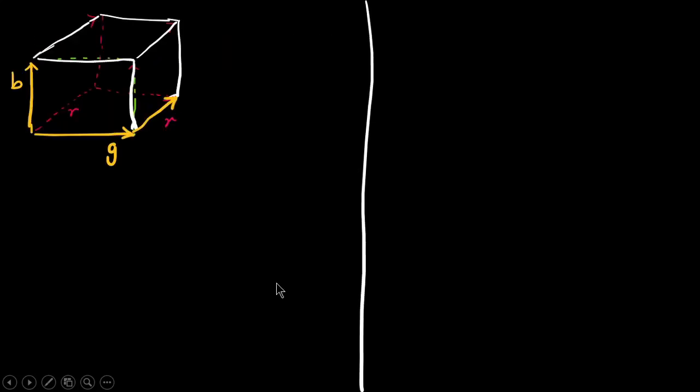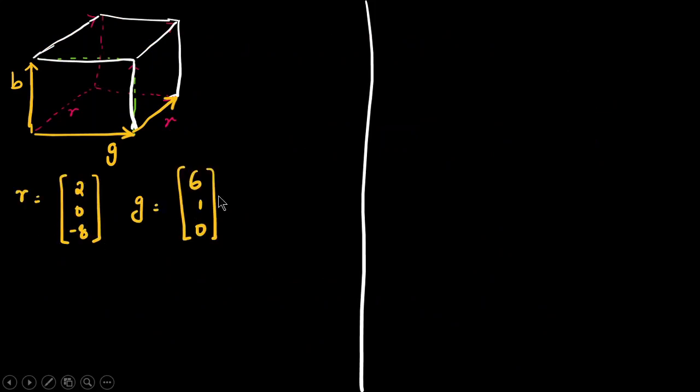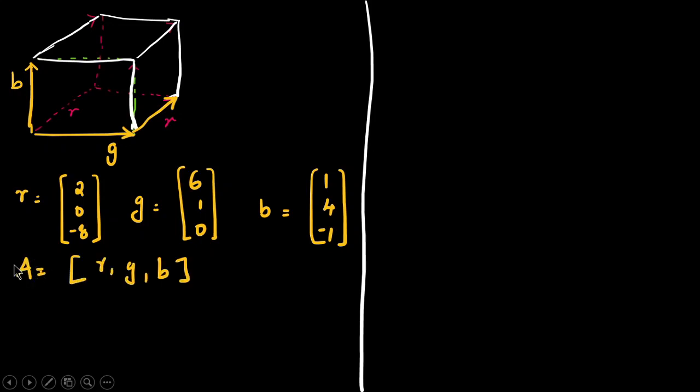Okay. Then let's take an example like this. Let R be 2, 0, minus 8, and G is equal to 6, 1, 0, and B is equal to 1, 4, minus 1. And let determinant A be the determinant of RGB. Okay.